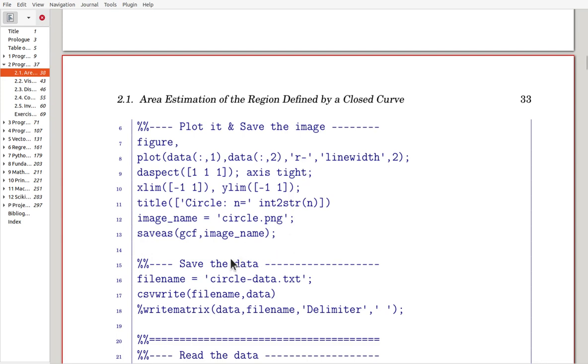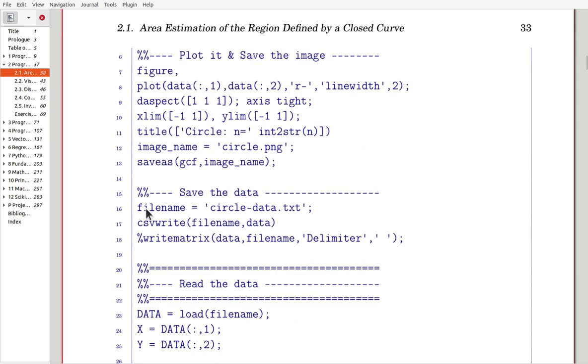For that, first we make a figure with a red solid curve, and then we save it into circle.png, and the data is saved into the circle data.txt text file by using CSV write.